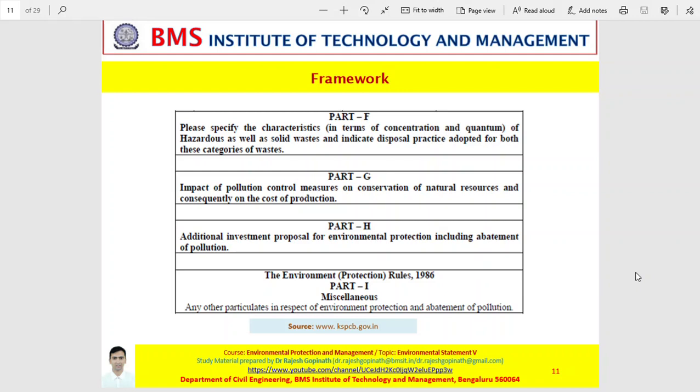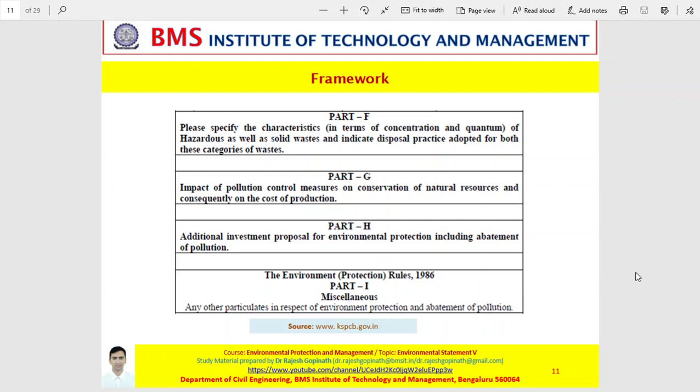Part G speaks about how the pollution control measures have benefited or impacted natural resources from a conservation point of view, and also subsequently how these measures have reduced the cost of production.